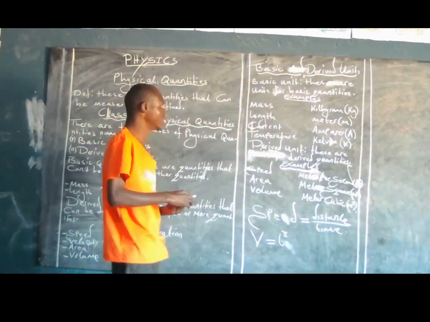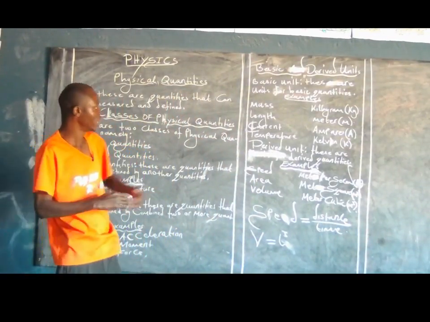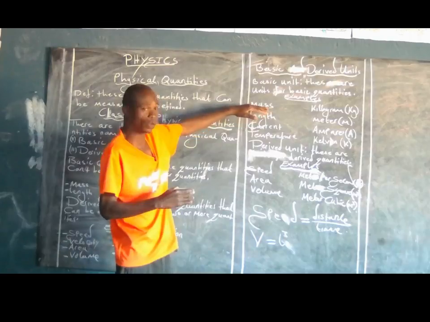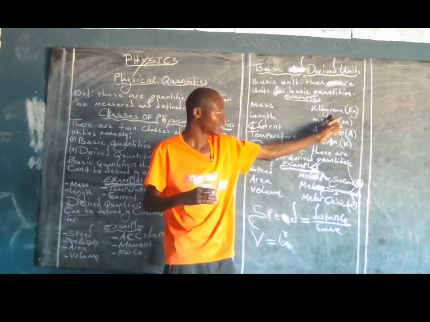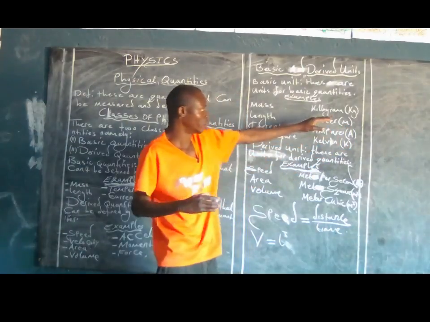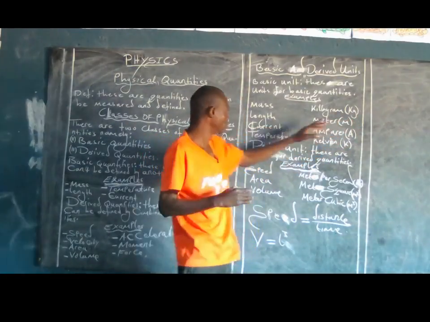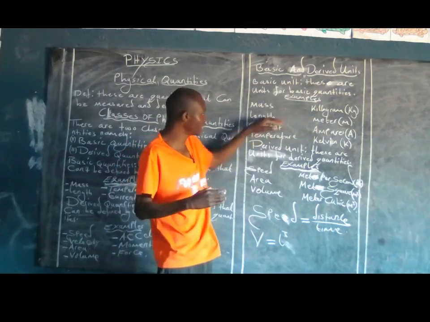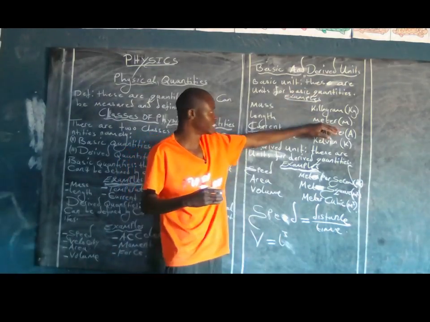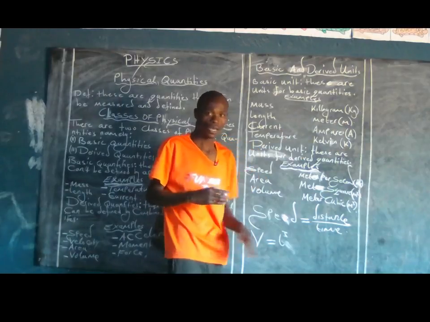Now for basic units, we have examples. For example, mass. The basic unit is kilogram, with a symbol kg. Then we have length with its basic unit, meter, with a symbol m.